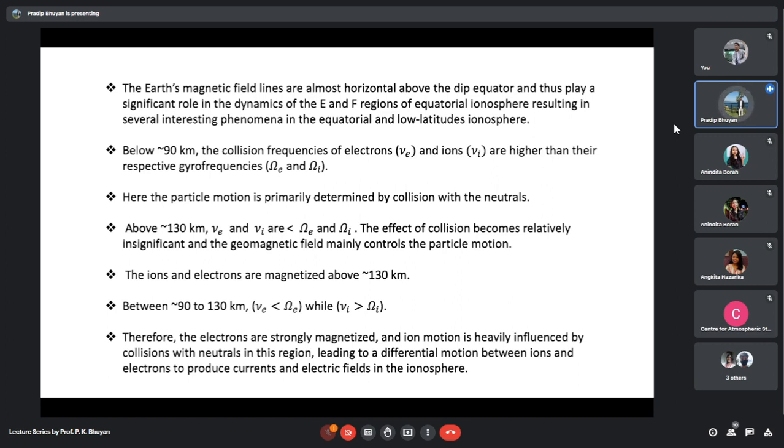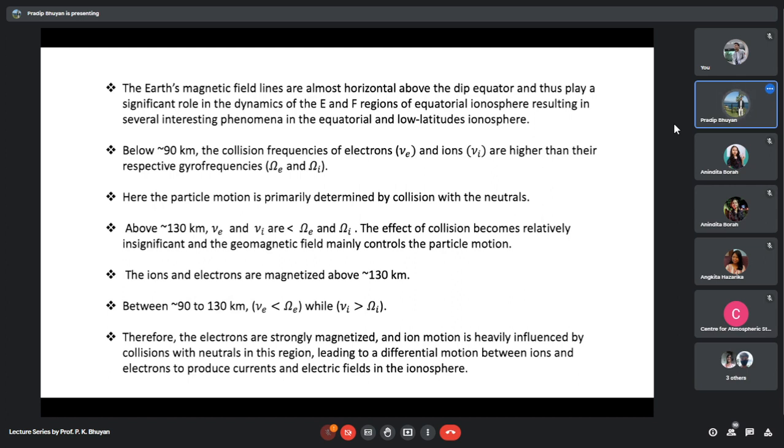Because nu E, the electron collision frequency, is less compared to its gyro frequency between 90 and 130 kilometers, that is the E region, nu I, the ion collision frequency, is more compared to its gyro frequency. So what happens within this region, the E region, 90 to 130 kilometers? Of course, the E region does not extend that far. It will end around 110 or 115, not more than that.